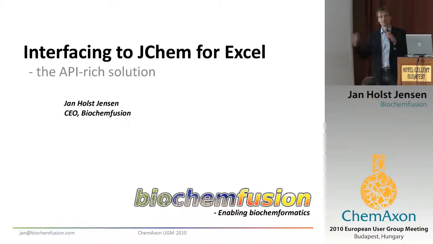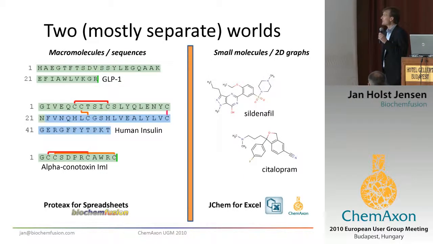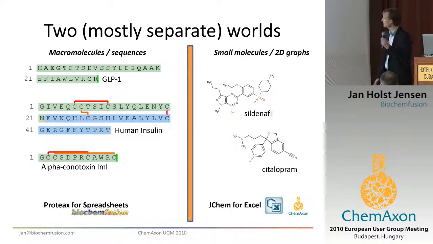This time it's about using the JChem APIs for this. And the talk will be about how you can get proteins into JChem for Excel. So it's not about getting more muscle into JChem or putting JChem on an Atkins diet. It's about being able to work on macromolecules inside JChem for Excel.